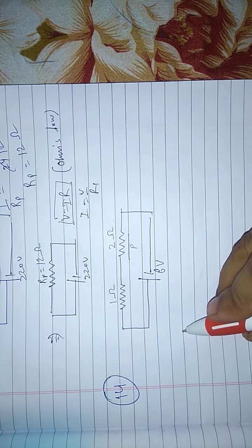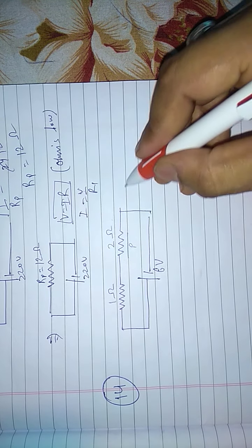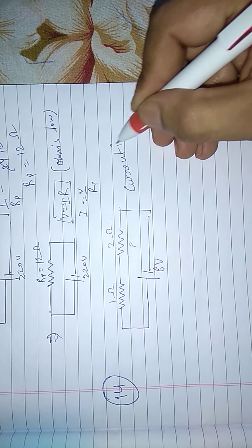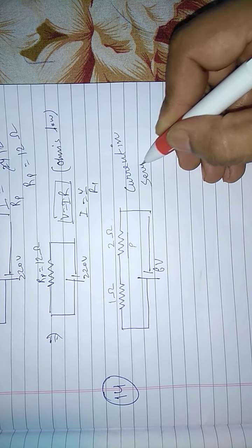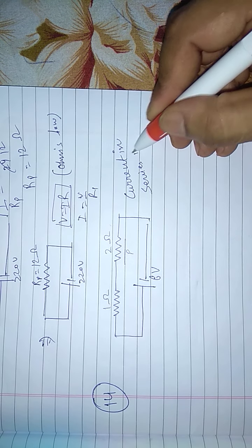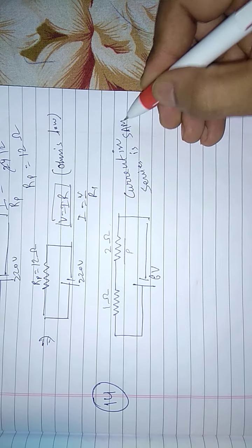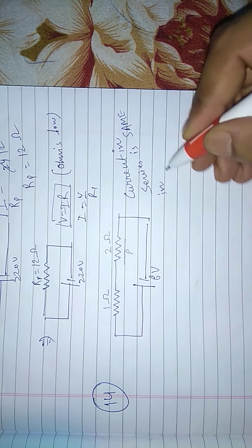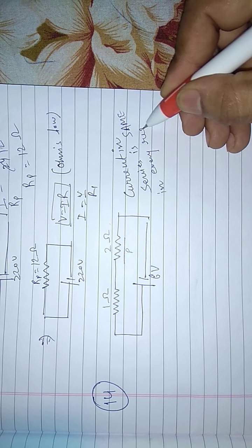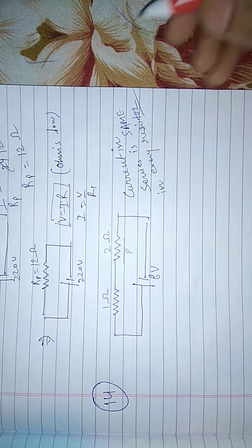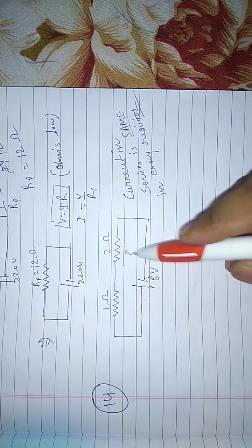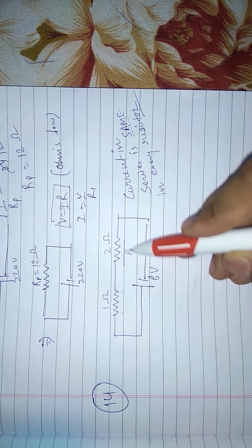So we know that the current in series, it is a very important fact, is same in every resistor. So the current in the circuit will be same in 1 ohm resistance and 2 ohm resistance.